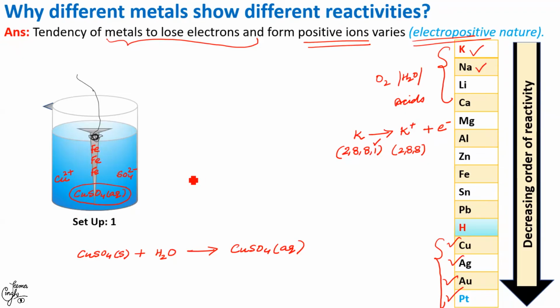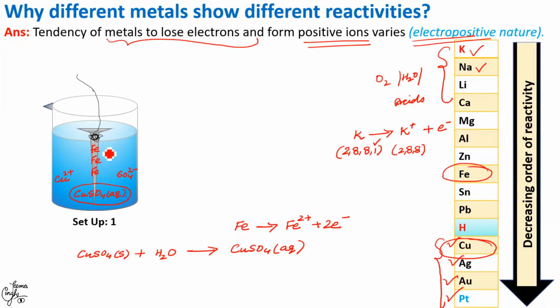Now, if you look at the reactivity series, you will see that iron is placed above copper, which means iron is more reactive as compared to copper, or it has more electropositive nature, or it can easily lose electrons as compared to copper. So, this iron readily wants to lose electrons and form Fe2+ ions plus 2 electrons, because iron has more electropositive nature as compared to copper.